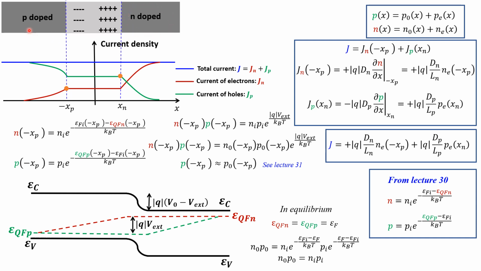In other words, the concentration of majority carriers, holes in the p-doped region and electrons in the n-doped region, is not significantly changed when we take the system out of equilibrium. So the concentration out of equilibrium is almost identical to the concentration in equilibrium, like we discussed in lecture 31.